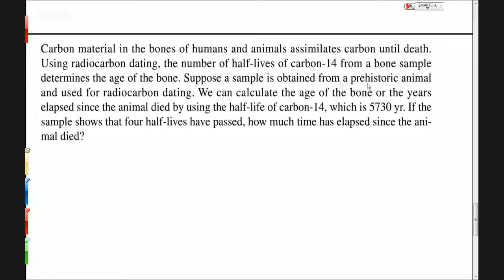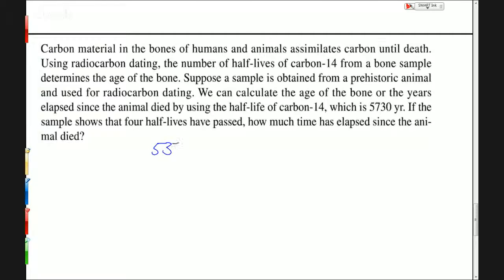Suppose a sample is obtained from a prehistoric animal used for radiocarbon dating. We can calculate the age of the bone, or the years elapsed since the animal died, by using the half-life, which is 5,730 years. If the sample shows that 4 half-lives have passed, how much time has elapsed since the animal died? If it's been 4 half-lives, how long has it been?